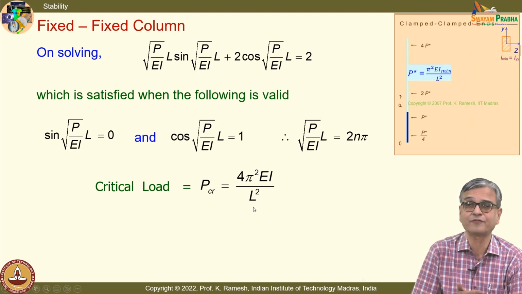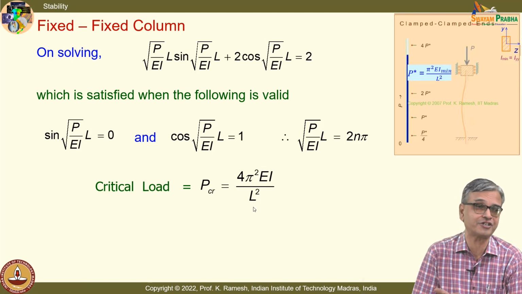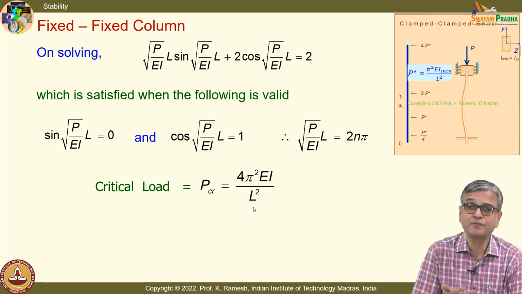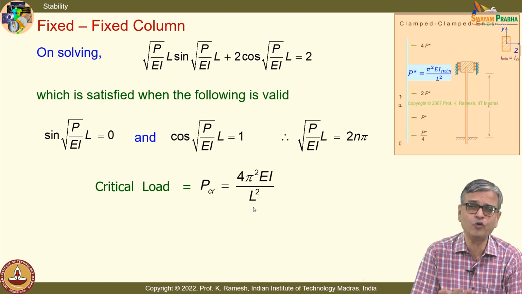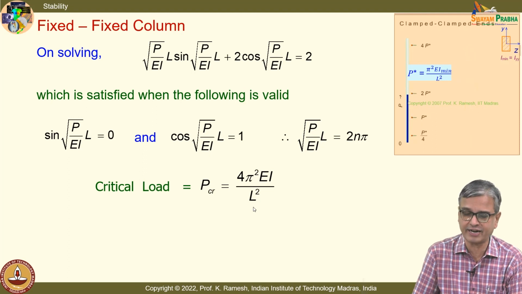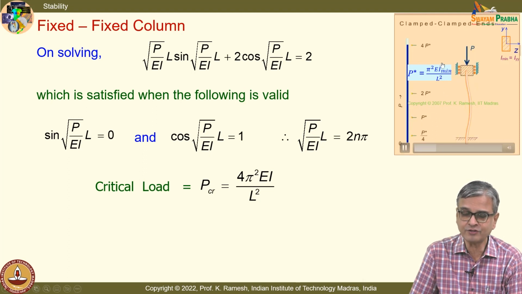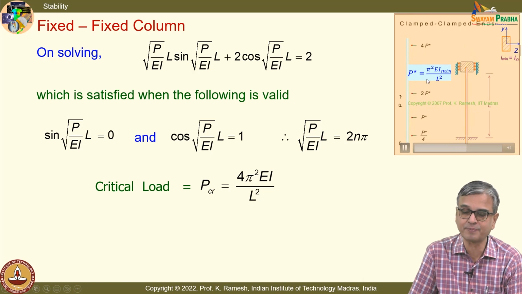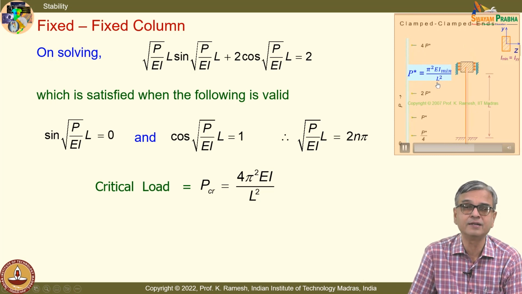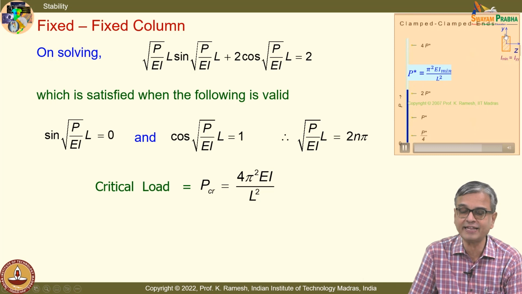So, look at it, if I have a fixed condition, the column is very strong, 4 times the load it can withstand in comparison to a pinned column. That is what is shown as 4 P star here, and P star is defined as pi squared E I minimum divided by L squared, because I have taken a rectangular cross section.